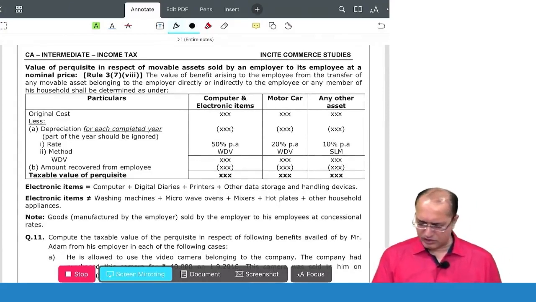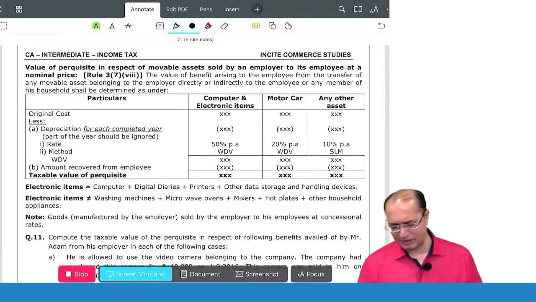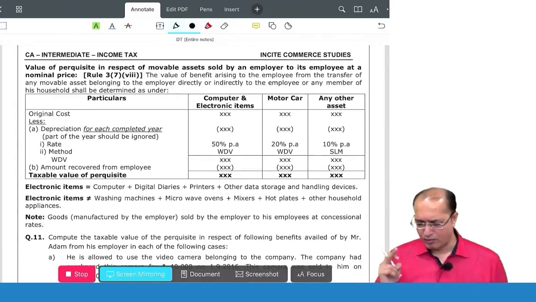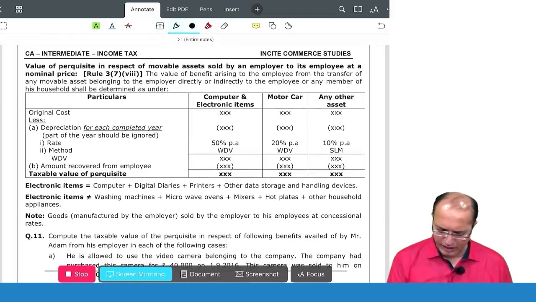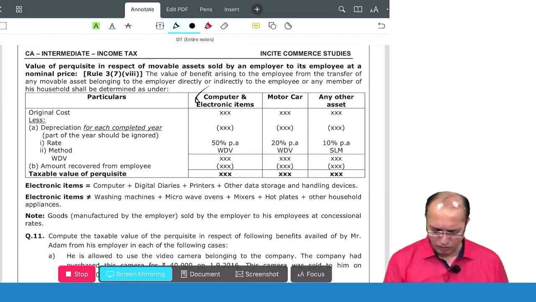So we are moving on to this transfer of movable asset, also called as sale of movable asset by the employer to the employee. Whenever the movable asset is sold, you have to bifurcate into 3 categories. Is it computer or other electronic items? Then you put into first category.